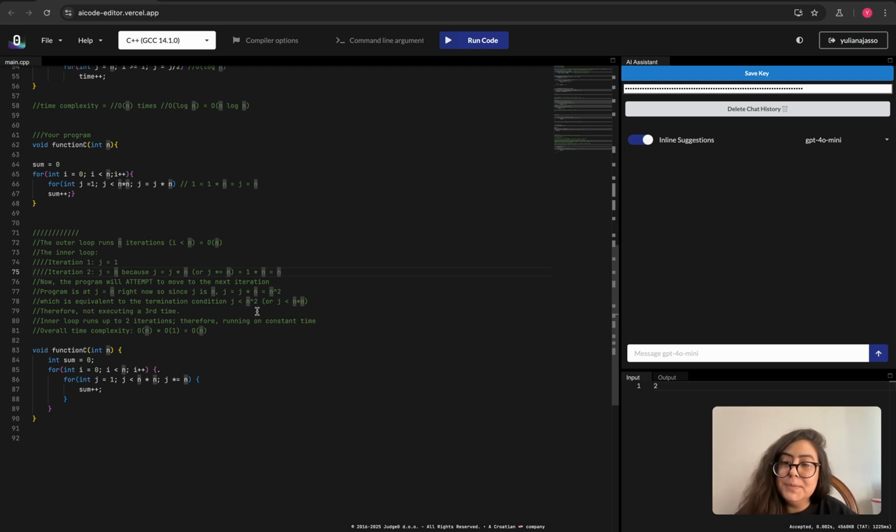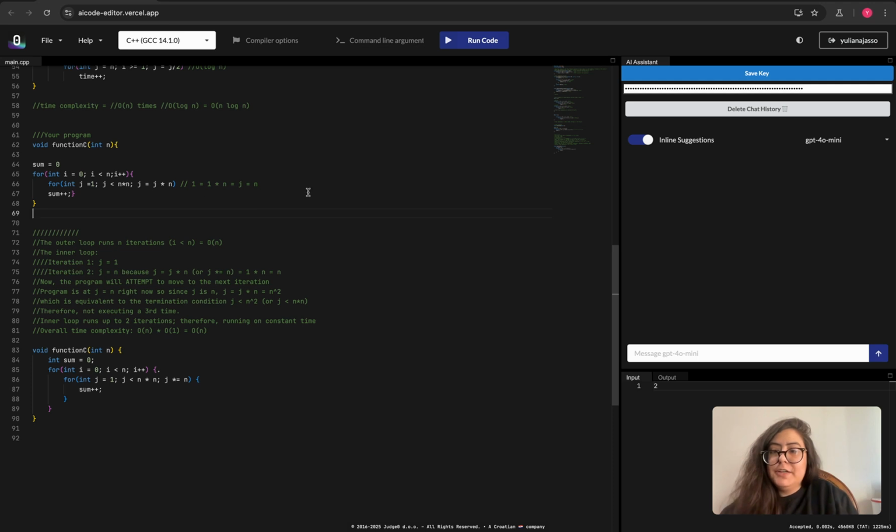Now the program will attempt to move to the next iteration, but remember our program is at j equals n right now, since we did this whole operation over here, which is equivalent to the termination condition. Because by the second iteration, we're trying to do the same thing.